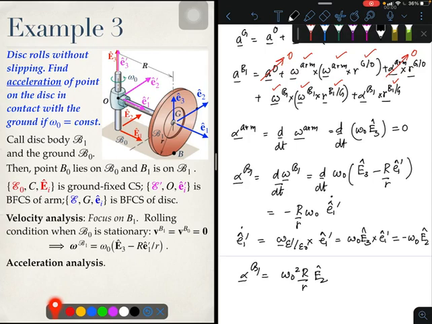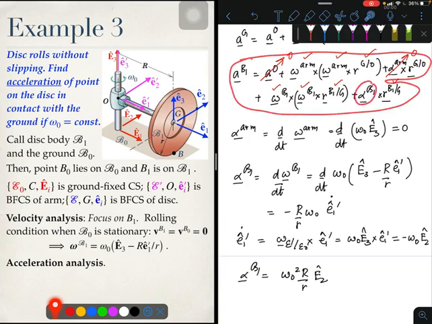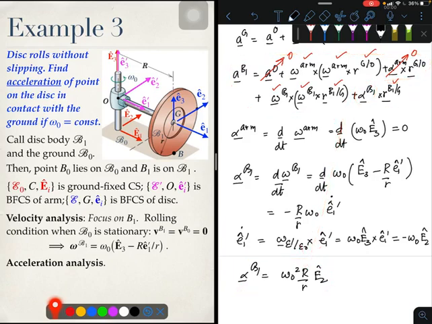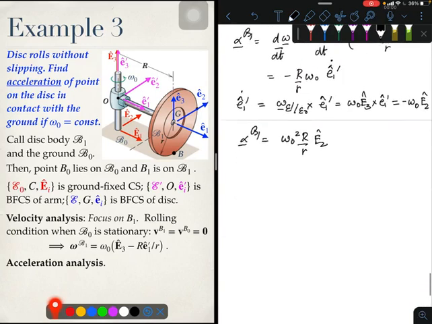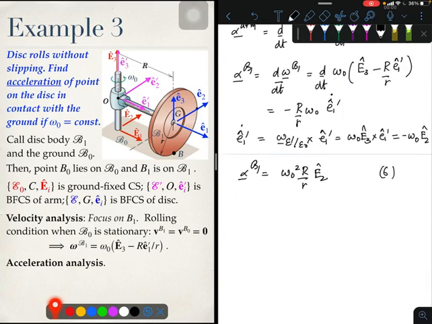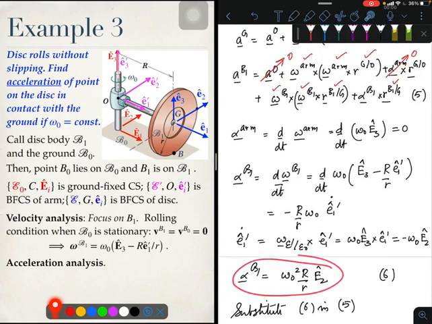Okay. So now I have got this equation in which this was the unknown, which I have now found. So I can combine these two equations. Let me number them. So this is 5 and this is 6. So substitute 6 in 5, this in this, and use all the known terms.